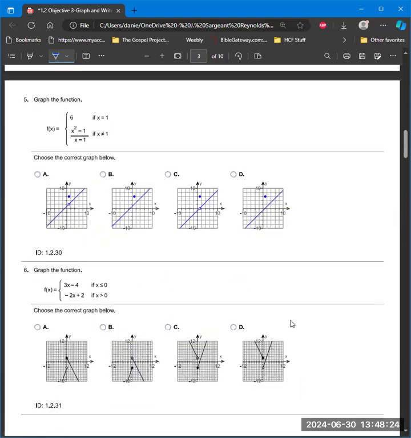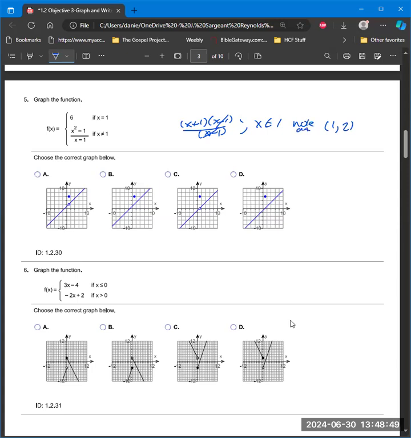Similar thing here. For x not equal to 1, we have x plus 1, x minus 1 over x minus 1. So this is going to be x cannot be 1, and it's going to look like x plus 1. There's going to be a hole at 1, 2.